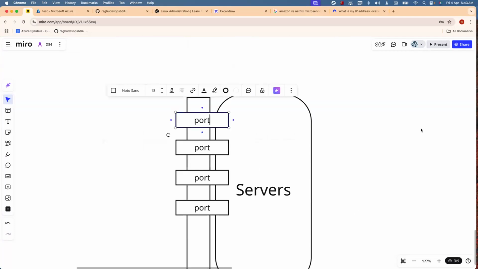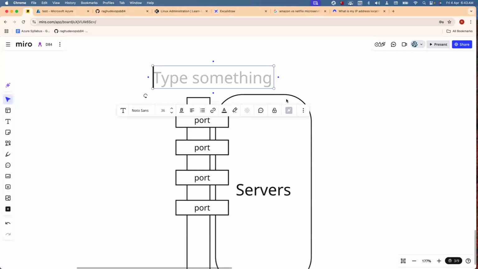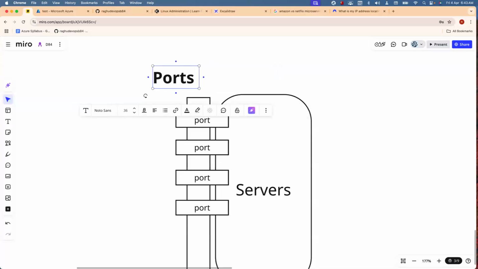Port is a number. Ports range from 0, though you can give 1, 2, up to 65,535.